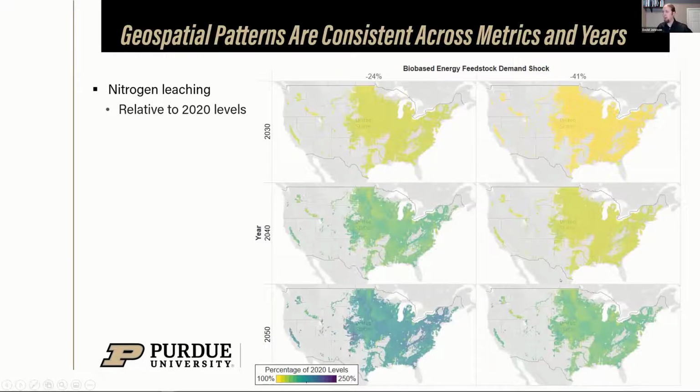But then you can see there's a gradual increase still over time. And the spatial pattern is pretty consistent over time, as well as across the different metrics. So if I was to look at a map of the land use change, or the total production of corn and soy, it would look pretty similar to this.